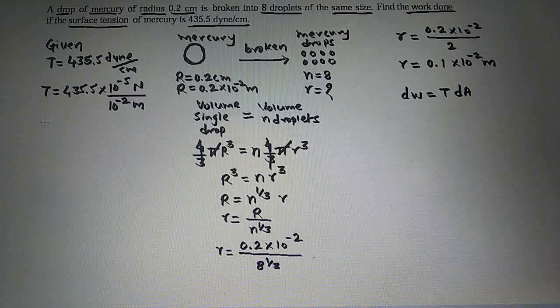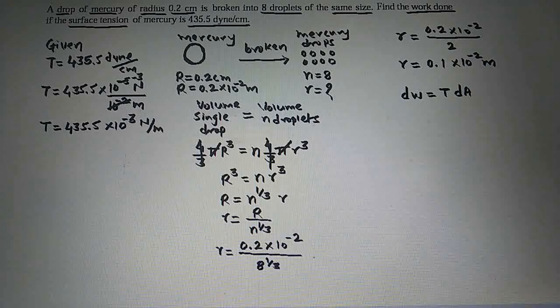So the surface tension T is 435.5 into 10 raised to minus 3 Newton per meter. This is the surface tension of the mercury in Newton per meter.